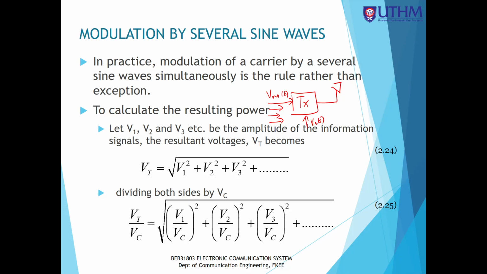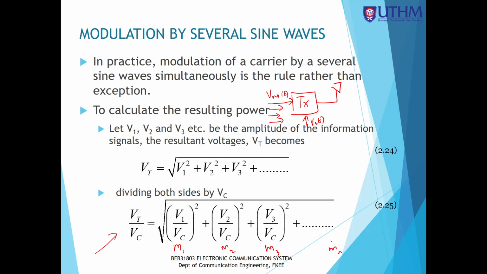Now we want to calculate the total modulation index, so we need V total over Vc, which is equal to the square root of V1 over Vc square for the first message, plus V2 over Vc square for the second message, plus V3 over Vc square until Vn over Vc square. So this is actually M1, M2, M3 until Mn.